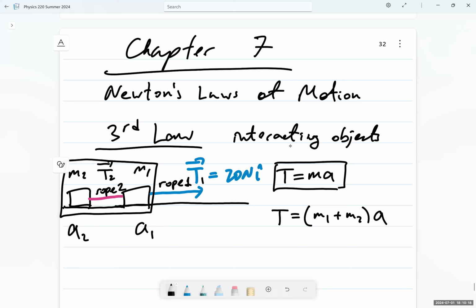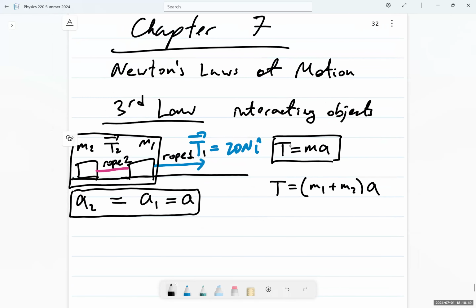Because of that connection, you're going to have the same acceleration applied to mass 2. So the acceleration of object 1 is always going to be the same as the acceleration of object 2 if they are connected. Any 2 connected, or 3 connected, or 5 connected objects, as long as they're connected in some way, are always going to have the same acceleration. So we can always say there's an acceleration of the system A, understanding that they all have the same acceleration.